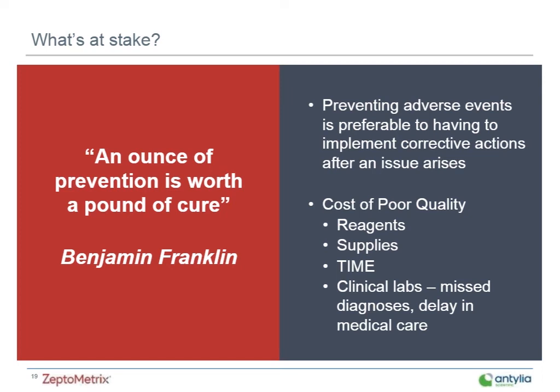If in between those 7 days, something changed that affected the data being generated by the instrument, it wouldn't be caught until the following week. So if you think about that, that would put all the data that was generated between those 7 days into question. So I think you can see how costs would really quickly start to add up under that circumstance, not just reagents and supplies, but the time that was wasted. And obviously, if tests were being sent out to a patient, you could have a misdiagnosis on your hands.